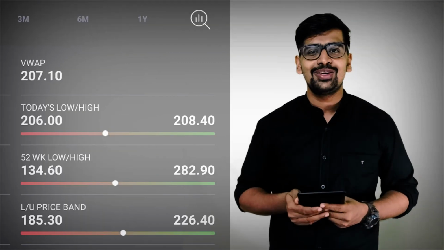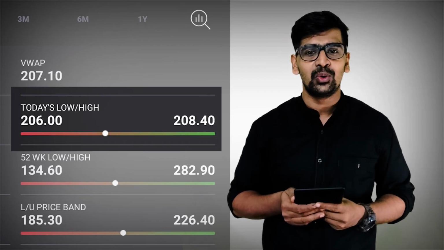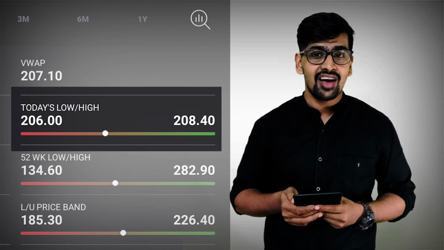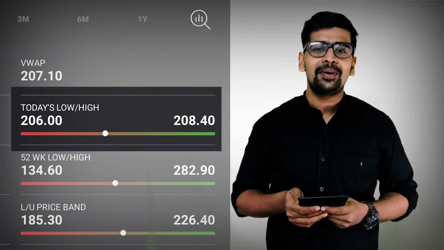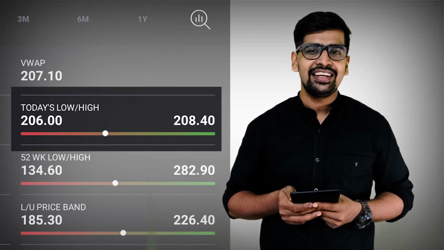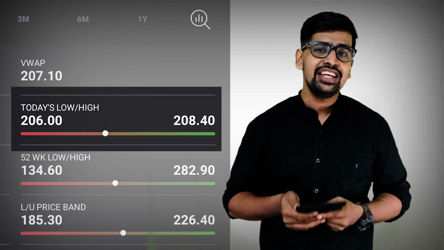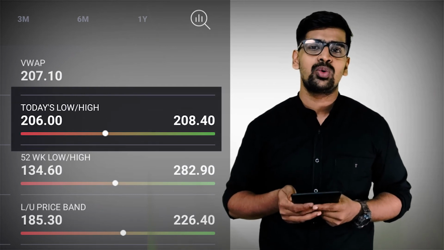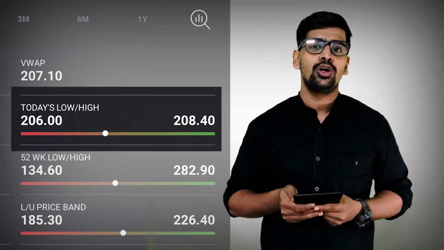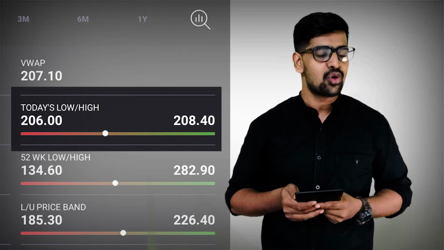The next term that we have up here for discussion is today's high low. I know you must be wondering why I have not discussed VWAP. I would be covering VWAP in the third part of this video series. As the name clearly suggests, today's high or low is the highest price at which the shares were traded since the opening hours of the trading session, and also the lowest price at which the shares were traded since the opening hours.